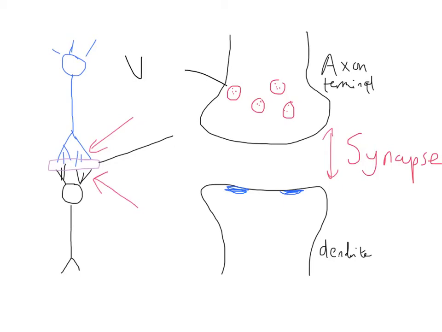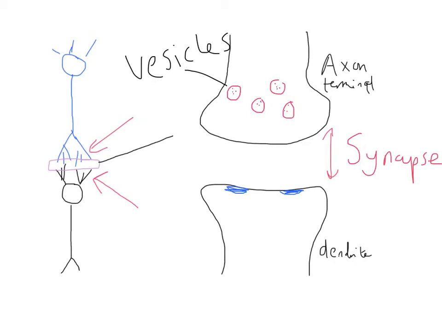I'll just label that. These are vesicles, and these are little membrane-bound sacs, just little sacs made of a membrane, and inside those vesicles is a chemical called neurotransmitter. Neuro for nerve, so it's a nerve transmitter chemical essentially.